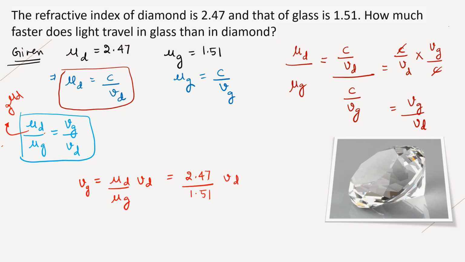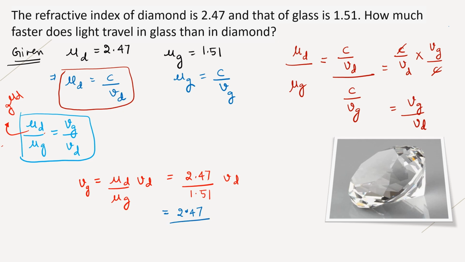So I will take a small approximation, please. This small approximation may not affect the answer that much, just in order to solve the question faster. Otherwise you have to divide 2.47 by 1.51.